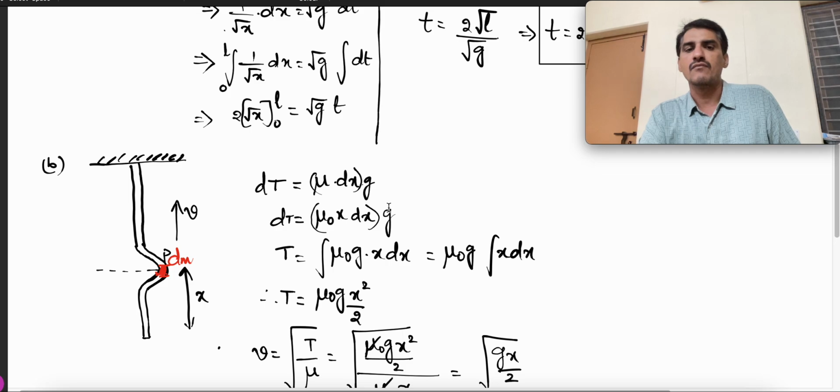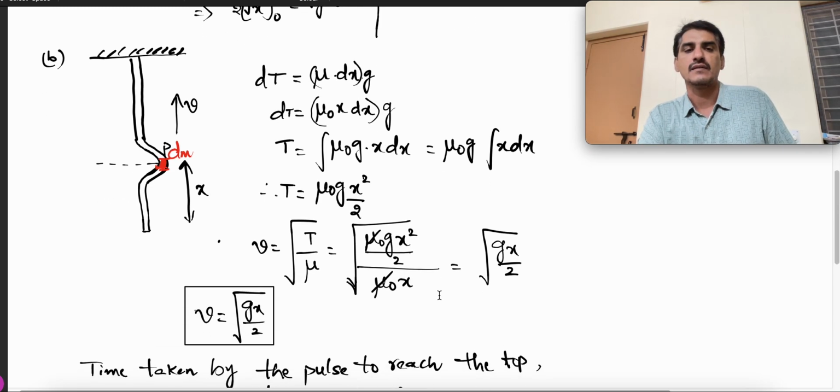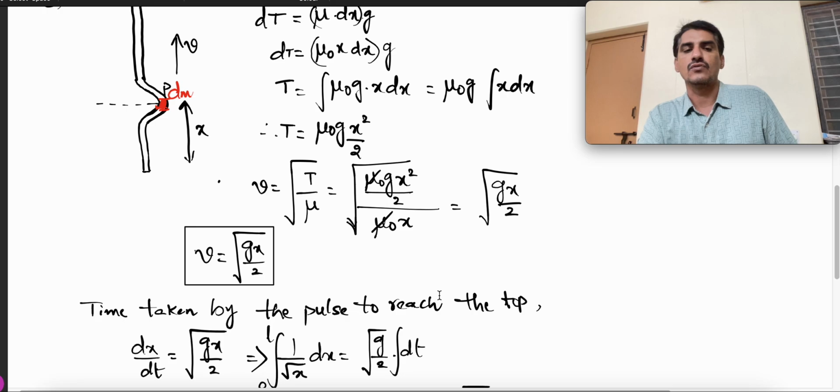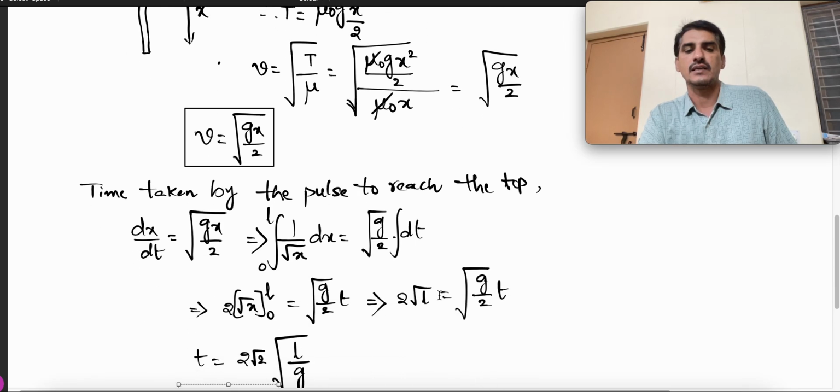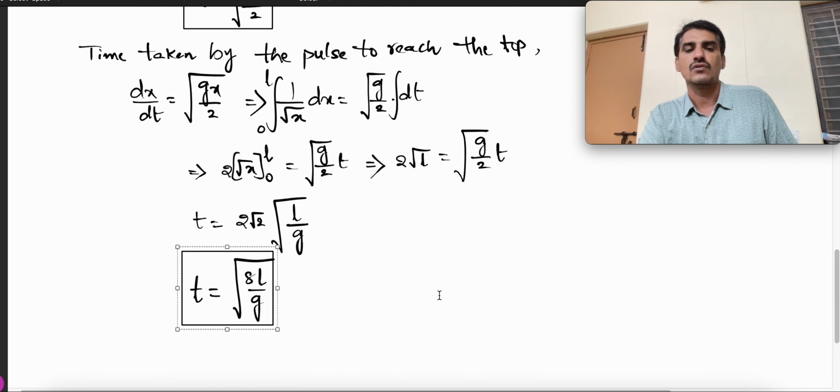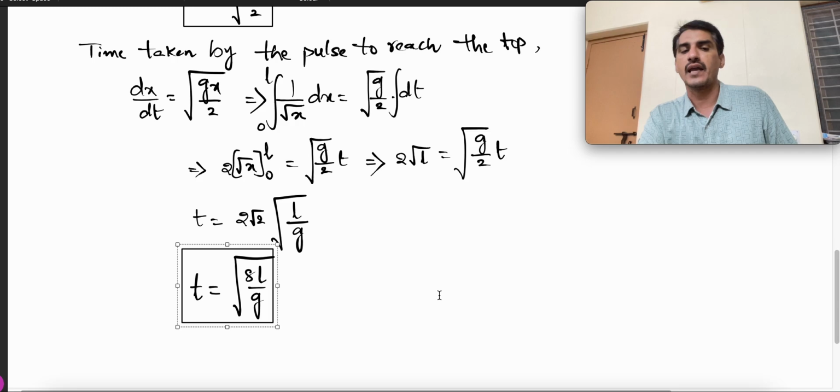That variable density is given as mu is equal to mu naught into x, linear mass density. If there is a variable density in the rope, then how to calculate the time taken? This is the situation. See, v is equal to root of gx by 2, and the other one is t is equal to root of 8 L by g.